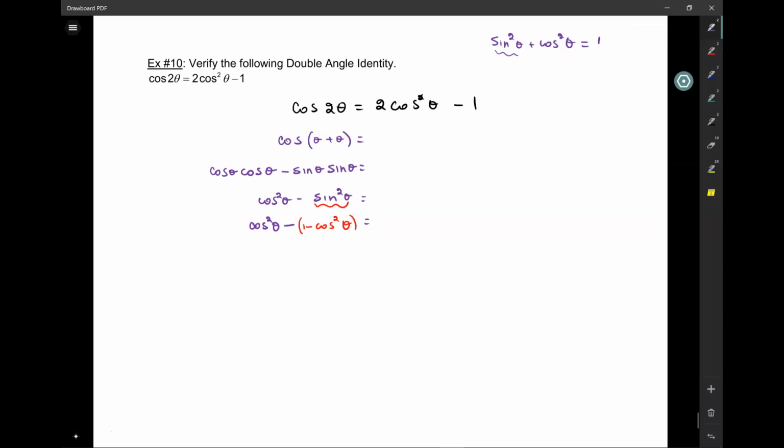And now look, we're almost there. Because now I have cosine squared theta minus 1 plus cosine squared theta. And now look, like terms. What is that? 2 cosine squared theta minus 1 is equal to, sure enough, 2 cosine squared theta minus 1.